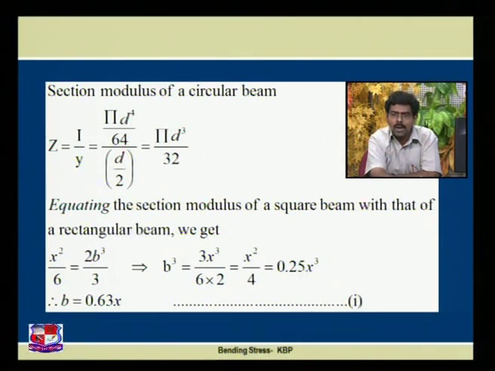If we equate and simplify, we get B cube is equal to x cube by 4, that is 0.25 x cube. So B is equal to 0.63 x. This is the relation: B, the width of the rectangular beam, is 0.63 times the width of the square section.